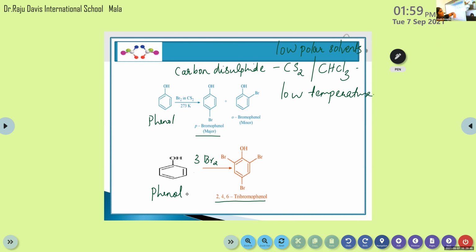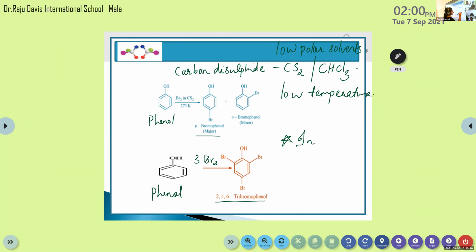So here is the main difference between the halogenation of benzene and of phenol. In the case of benzene, halogenation takes place in the presence of Lewis acid. But in the case of phenols, the polarization of the bromine molecule takes place in the absence of Lewis acid. You can note this point also.